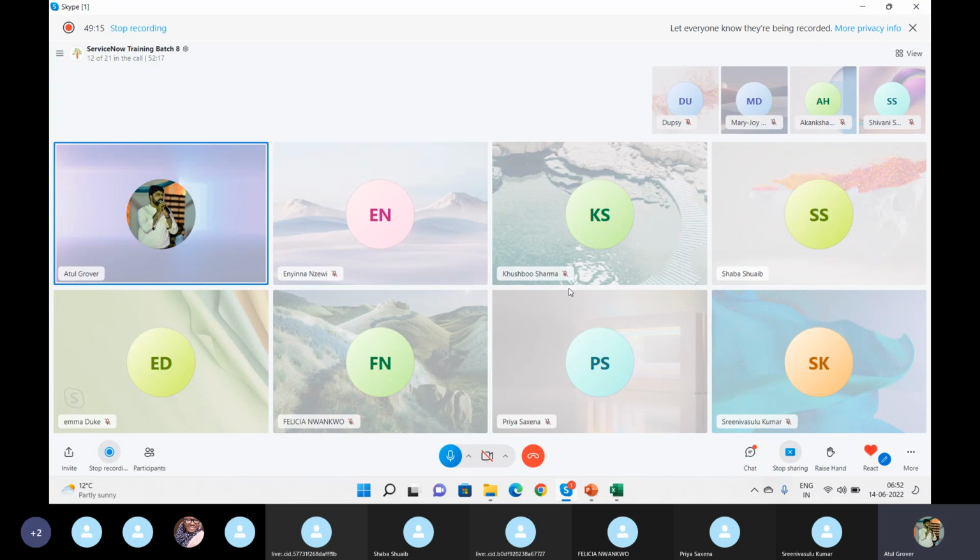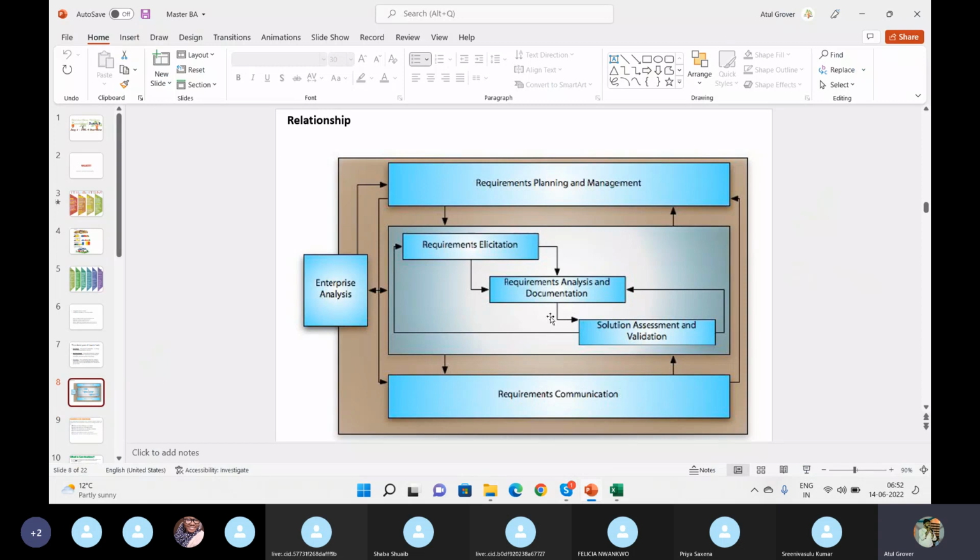It means I need to build my course content in such a manner that a few of the freshers and the rest of the experienced guys are on the same page. It should not be very low level for Saba because he already has 10 years of experience. And it should not be very high for Akanksha because she's just a fresher in the IT industry. So that is called requirement analysis and documentation.